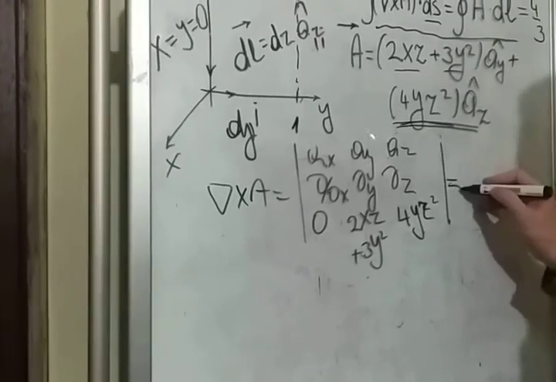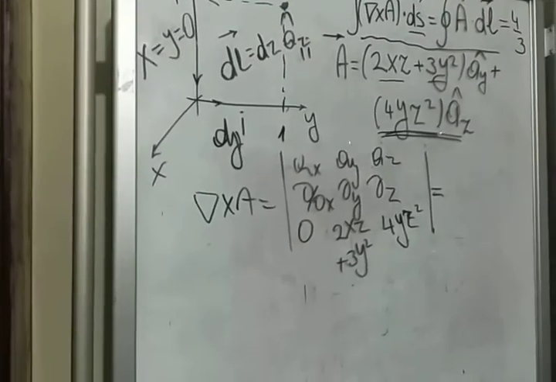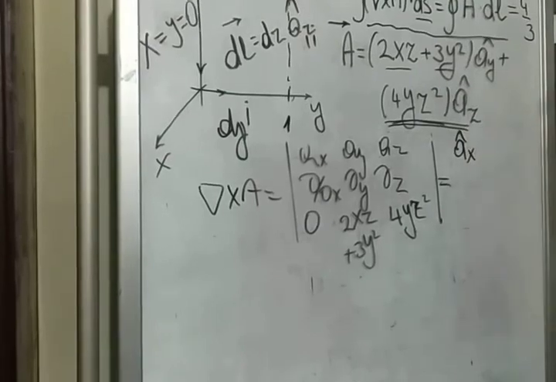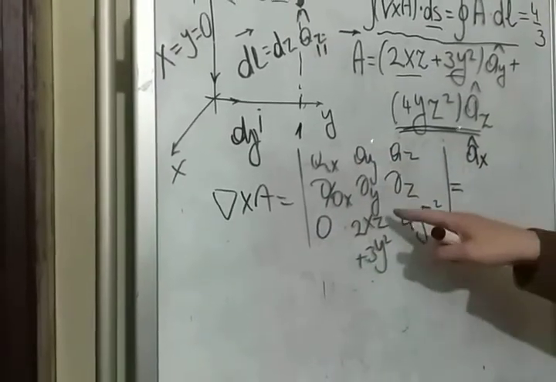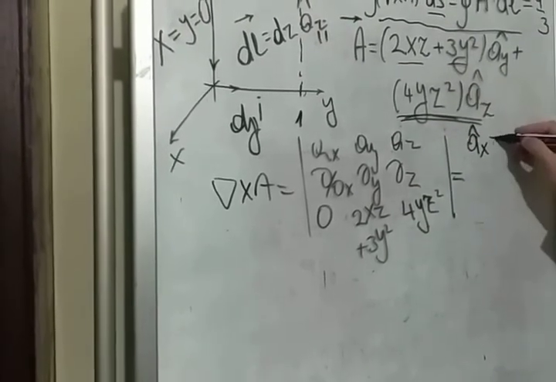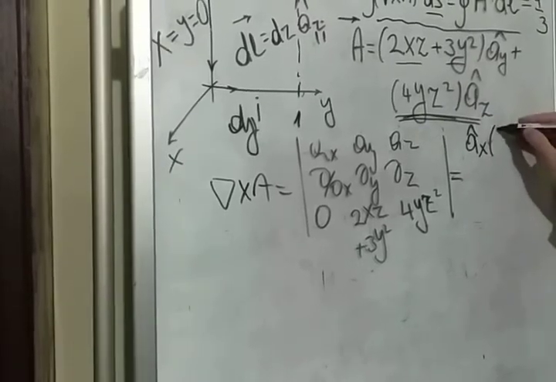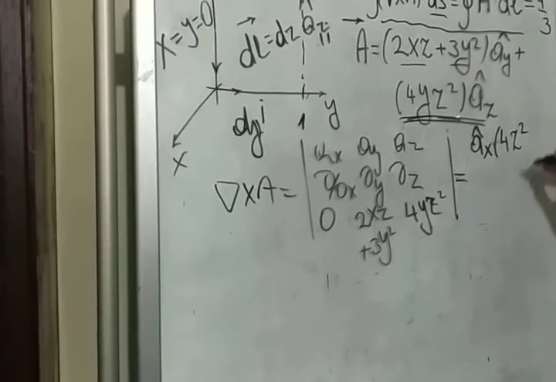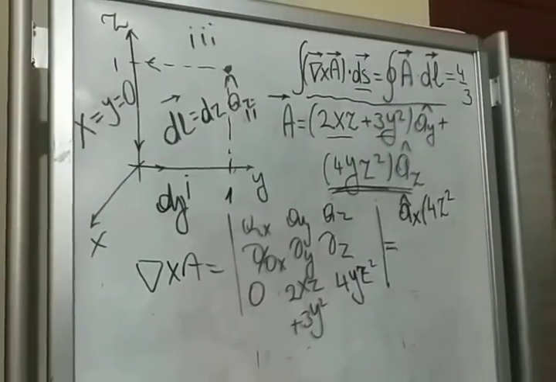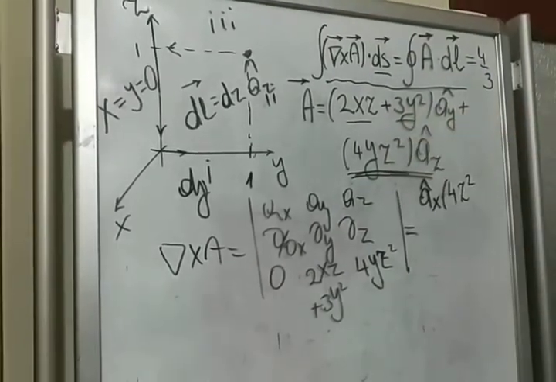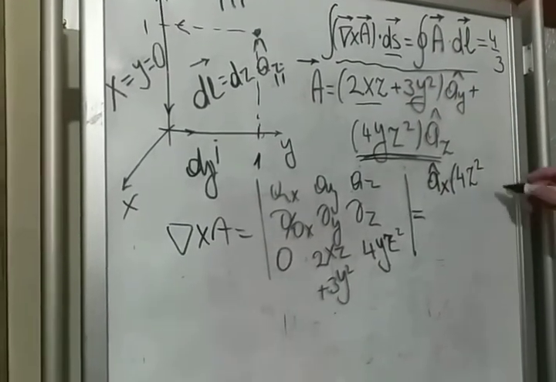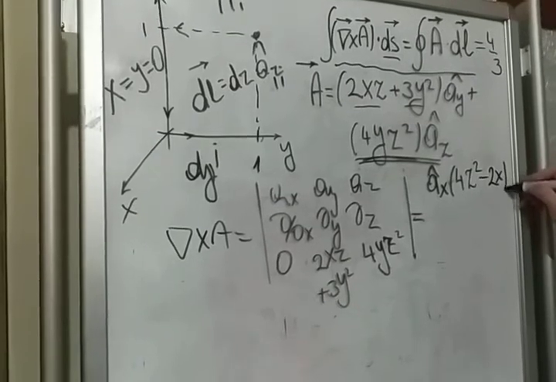We calculate the curl, and for the result, along the AX, because this is how we are going to calculate it, we have the derivative of 4YZ squared with respect to Y, so we get 4Z squared, minus the derivative of this term with respect to Z. We have this Z here, which means that we just have here minus 2x.